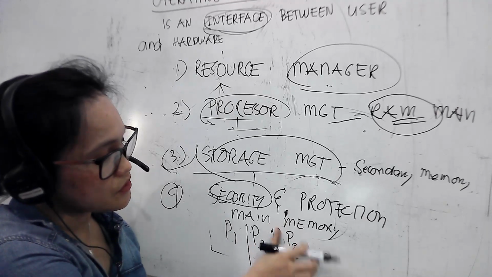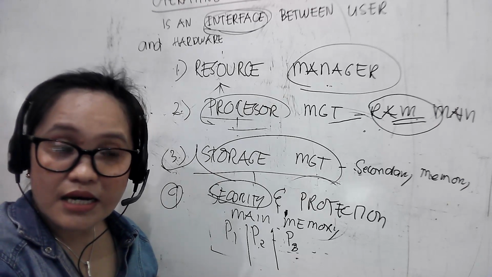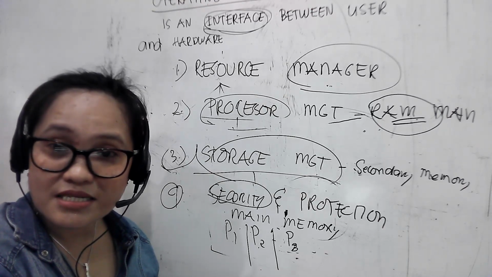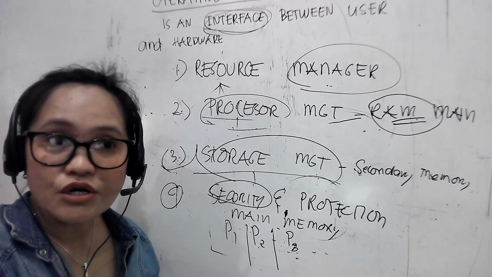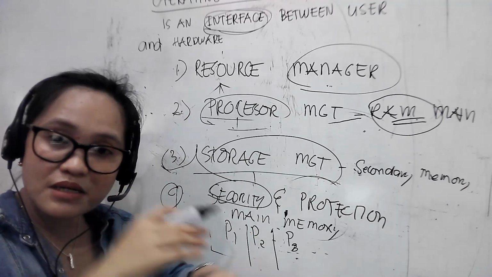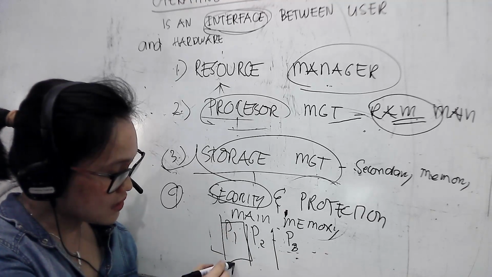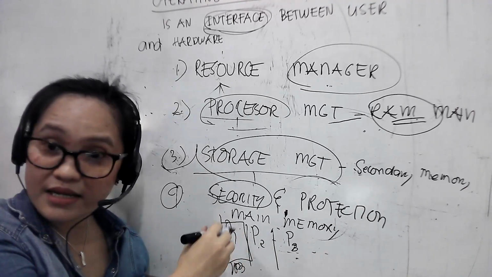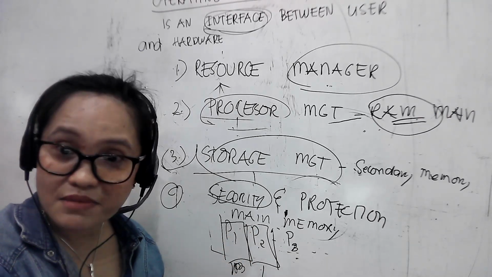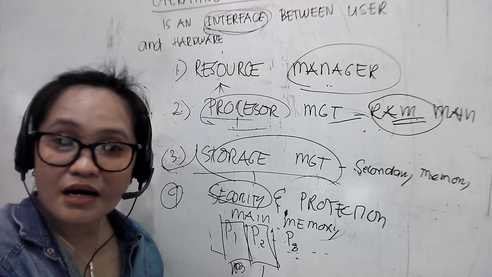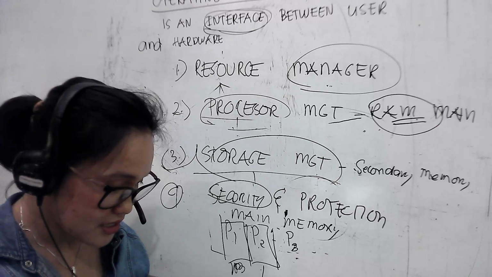Now, if your computer only has one processor, it cannot run many processes at the same time. It will only accept one process at a time, so it will not be swapping. P1 will finish whatever task it is doing, and then the next one is P2. Not unless your system is multiprocessor, which can run processes at the same time.